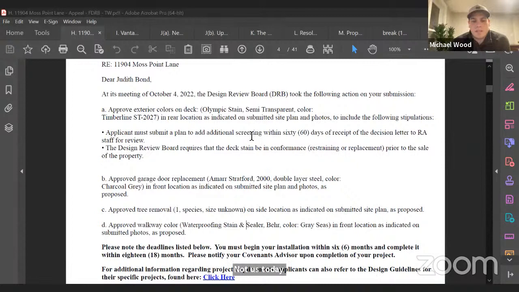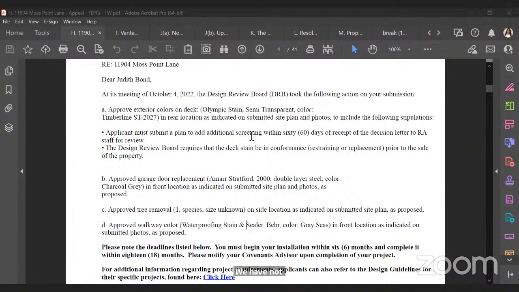Sir, you're just looking for it to say that it's evergreen. State what you wanted again. The statement about shade tolerant evergreens, which is what we had suggested be included in the written DRB decision, was not there. It was left open what type of screening bush would be used.